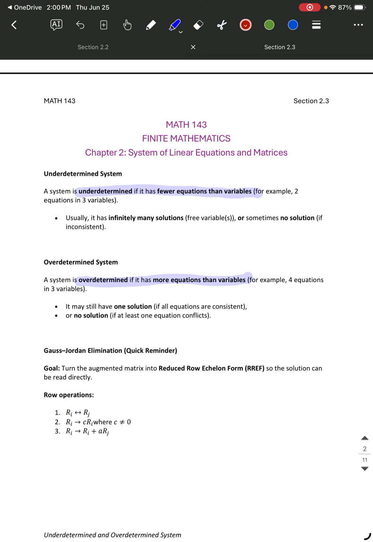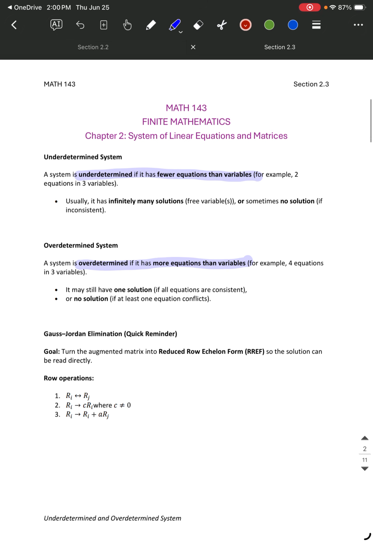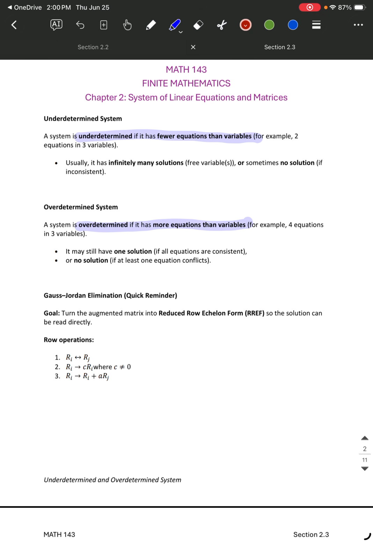Okay, then before solving examples, let's review the 3 elementary row operations, a quick review of the Gauss-Jordan elimination method. The first one is interchange 2 rows. Second, multiply a row by a non-zero constant.